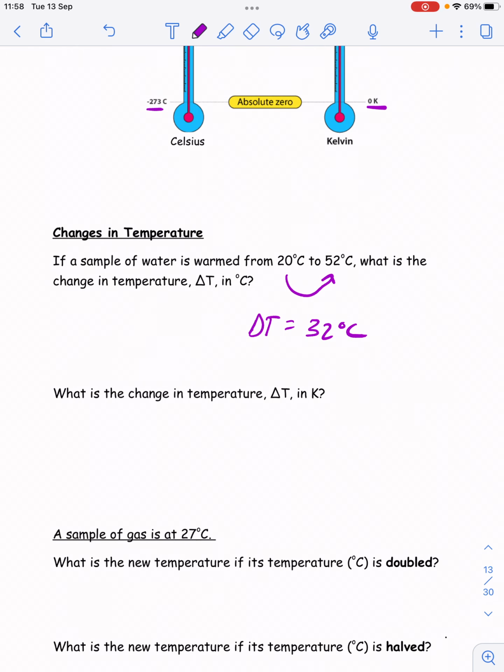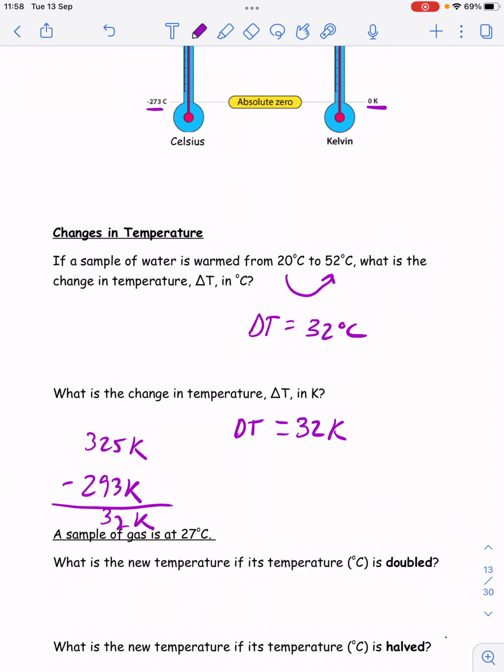The change in temperature for Kelvin is also 32 Kelvin. And if you don't believe me, you can add 273 to both, and you get 293 Kelvin and 325 Kelvin, and if you subtract these two, you get 32 Kelvin. So obviously if you add 273 to both, it won't change the difference.